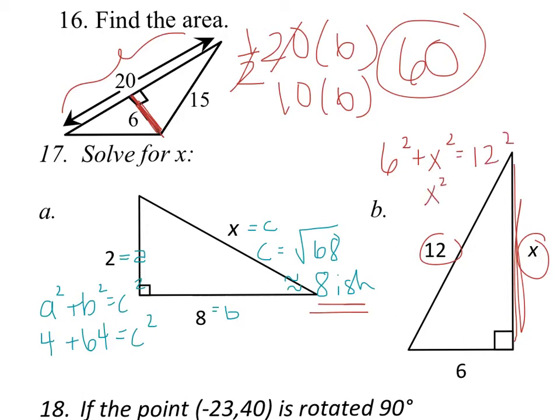So I have x squared is equal to 144 minus 36, which is 108. So when I square root that, I get that x is equal to 10-ish. A little bit more than 10, but definitely less than 12.